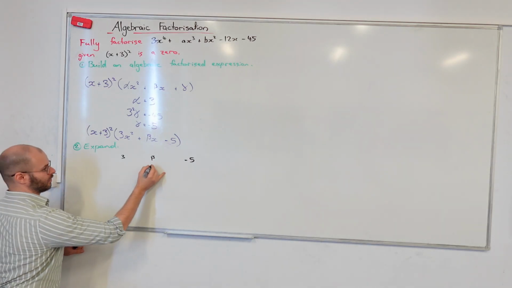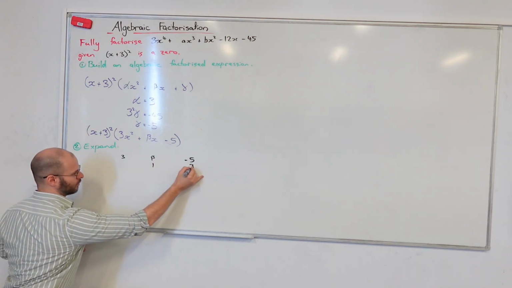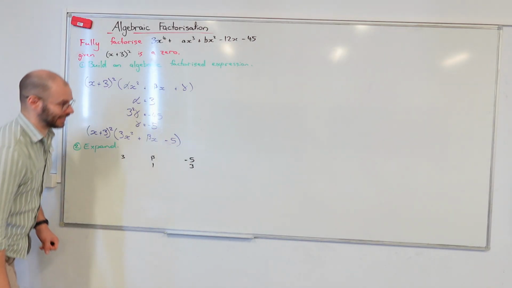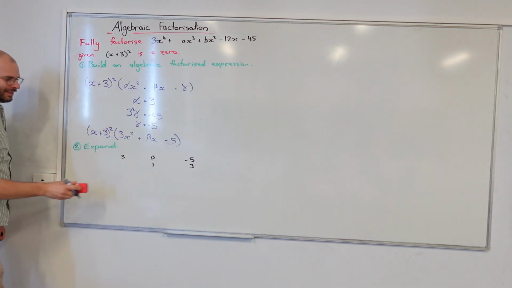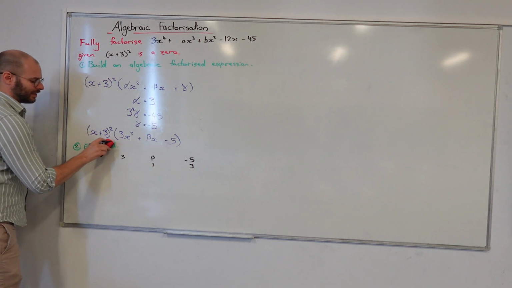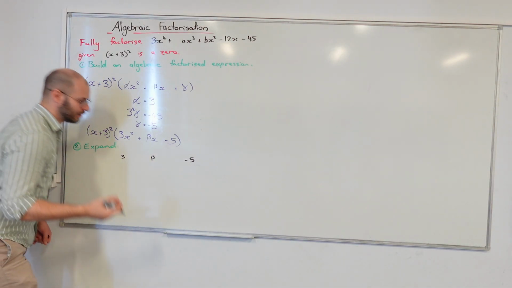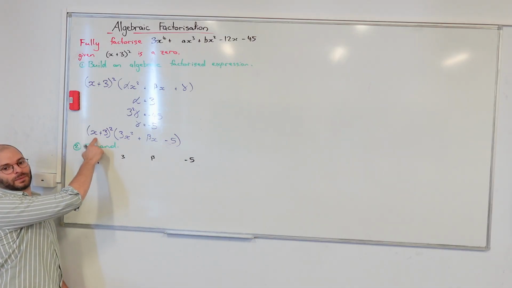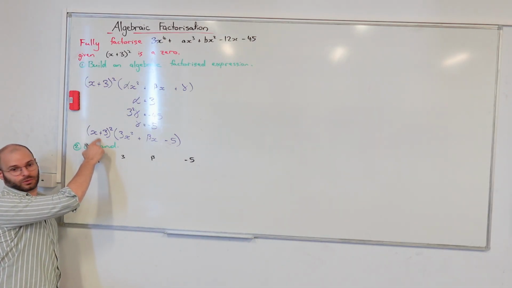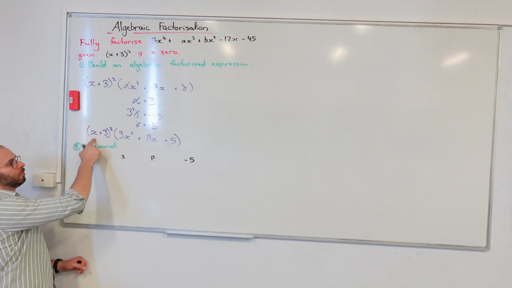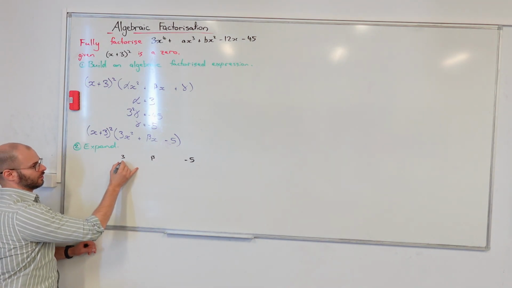And I said 1 and 3. What is the error in my way? You forgot to square. Yeah, I forgot to square it. This is a squared term. Because of that, I wouldn't get fully expanded. So what I need to do is expand this out. I know that this is a perfect square, so this is going to be x squared plus 6x plus 9.